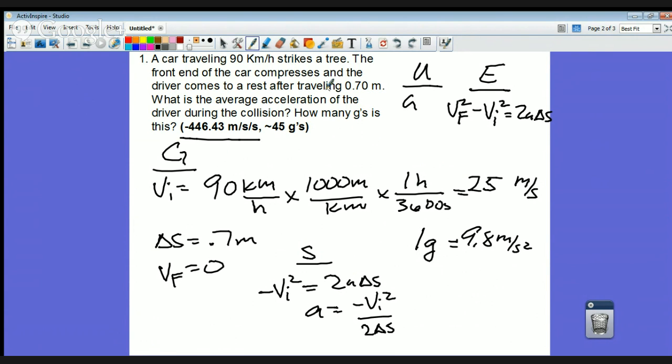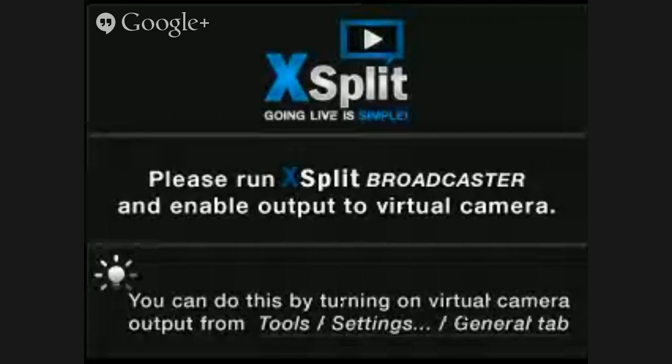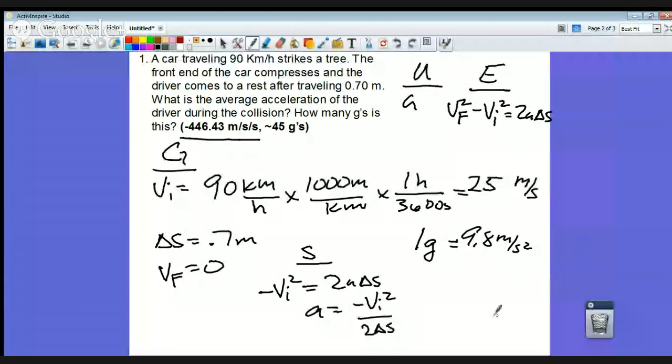So you're probably seeing it, and I look silly because the screen isn't refreshing for me. Let me turn this off for a second, and then I'll turn it back on, see if that helps. It did not.